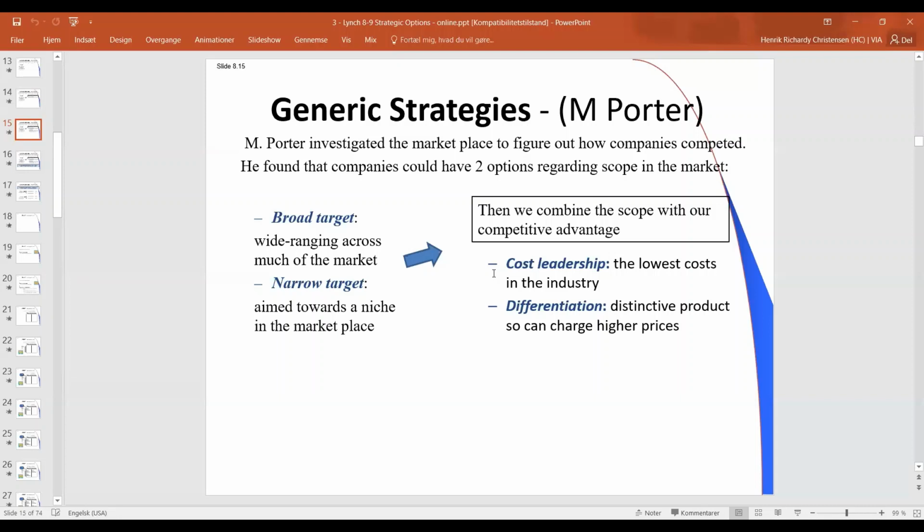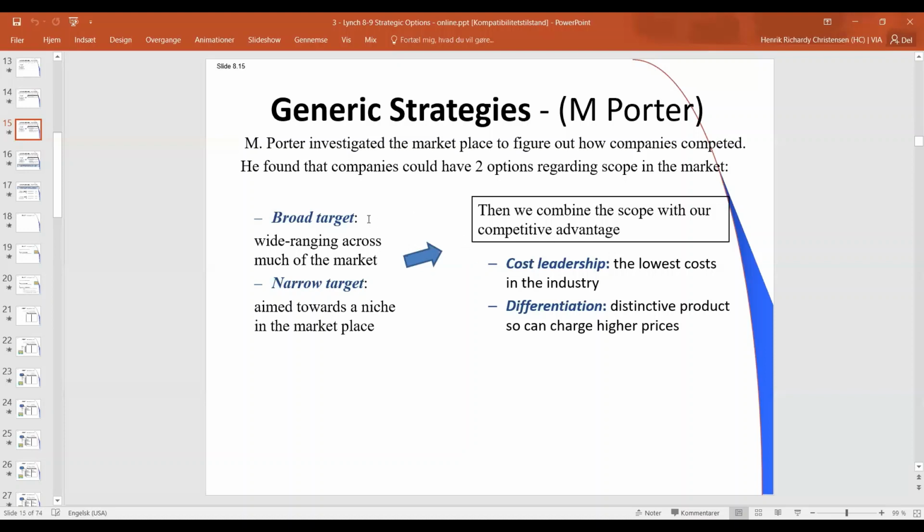No, they are not. On the contrary, they try to differentiate themselves, have their distinctive product, and charge a higher price. So his research showed that a company with a broad target can have a competitive advantage within cost, and thereby survive and be the best within that area by following a strategy of a broad target and cost leadership.